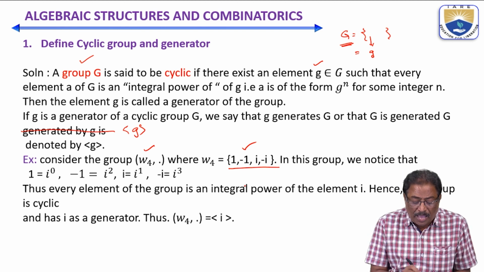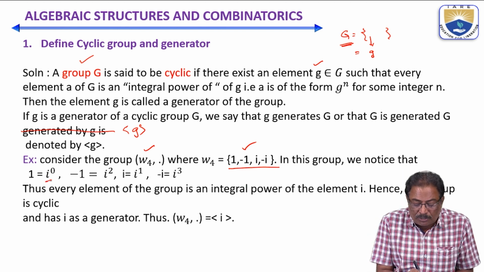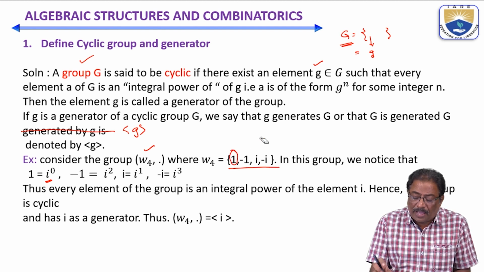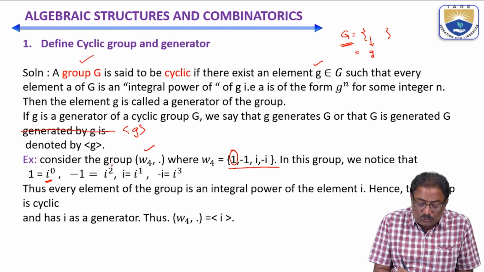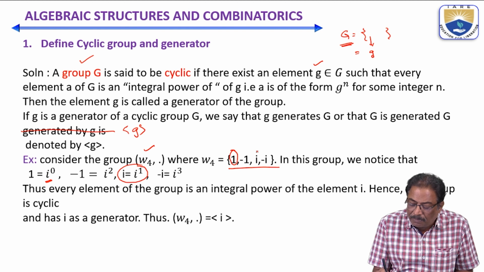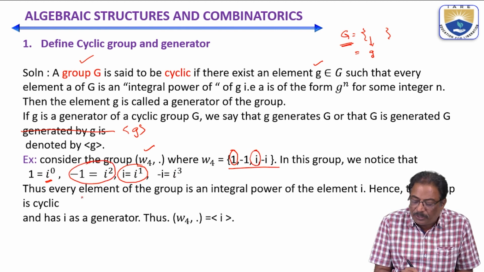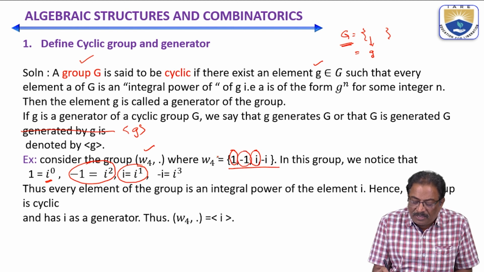Let us take i. i power 0 is 1, i power 1 is i, i power 2 is minus 1, and i power 3 is minus i.